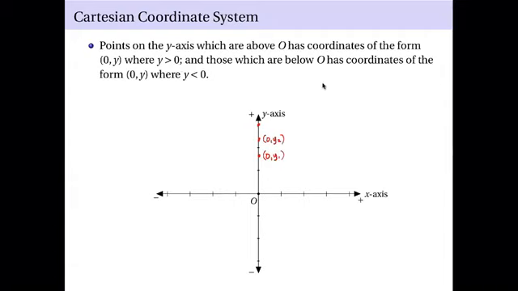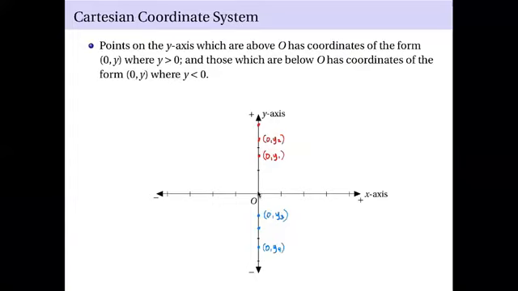And those points below the origin, below that O, say this point here or this point here, if we label this as 0, comma y sub 3, and here you have 0, comma y sub 4, then y3 and y4 are both negative.